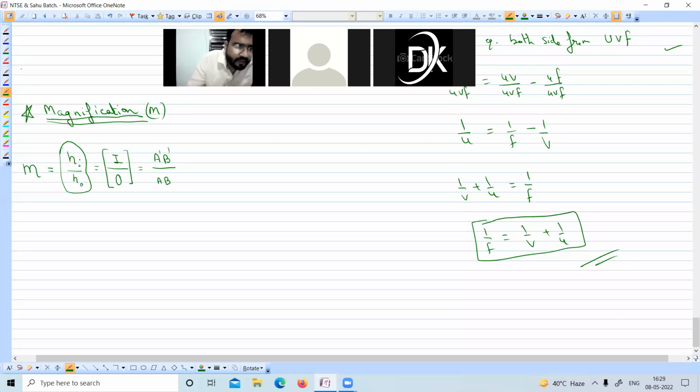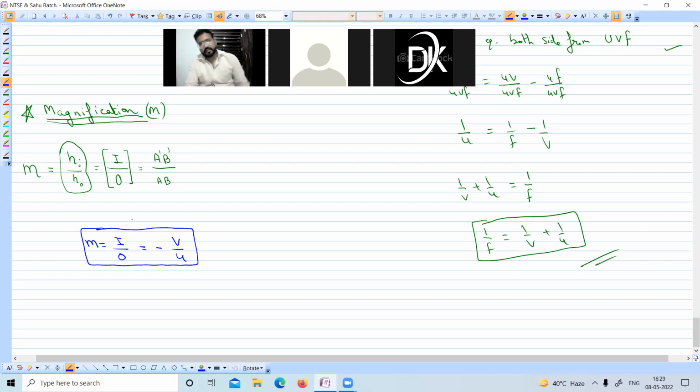But I'll not go too long. I'll just tell you briefly what magnification formula you're going to use: I upon O equals minus V upon U. How did this come? This came by applying the similarity of triangles, the comparison, and then you conclude this. This is one formula we generally use for the numerical part.